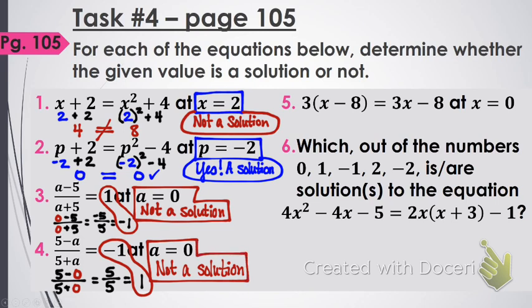What about number 5? Does 0 work here? What do we have if we put a 0 in the place of x on the left? You get 0 minus 24.